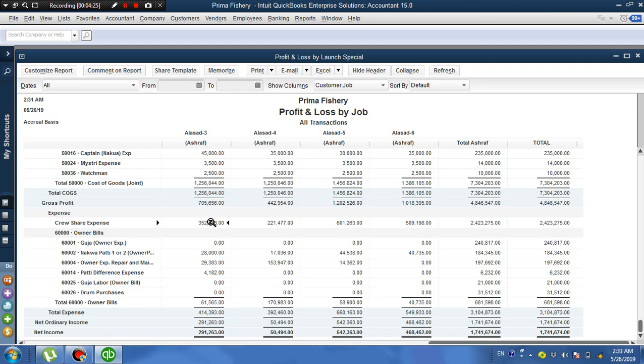Up to this stage, this 705,658 gross profit divided by 2, this 352,000 goes to the crew, and then we charge this in order to reduce the profit of the owner, but we have not charged these here in the cost, as per the terms and agreement settled with the crews all over the world.